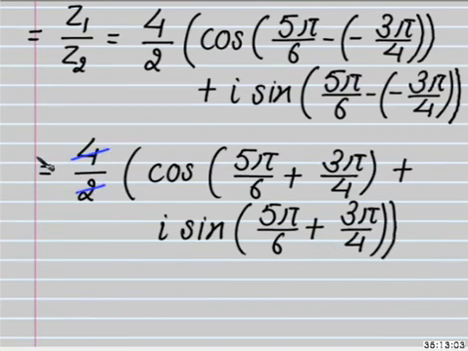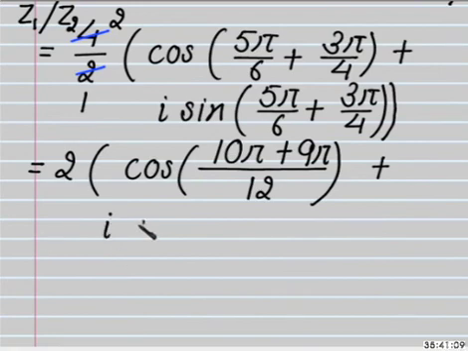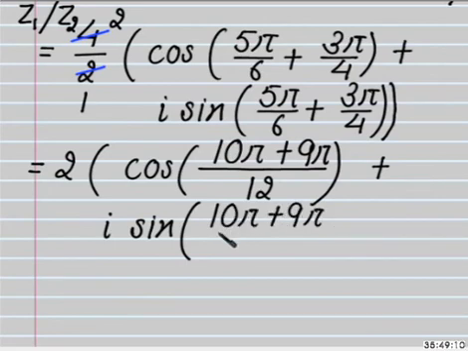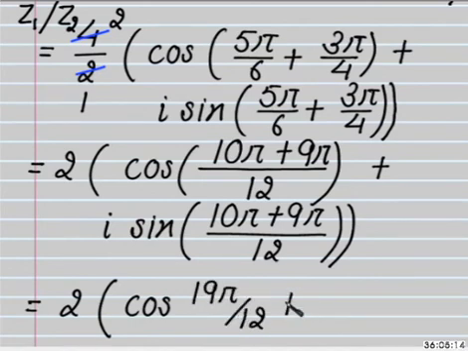On solving, it is equal to 2 into cos of 10 pi plus 9 pi by 12 plus iota into sine of 10 pi plus 9 pi upon 12, that is equal to 2 into cos of 19 pi by 12 plus iota into sine of 19 pi by 12.